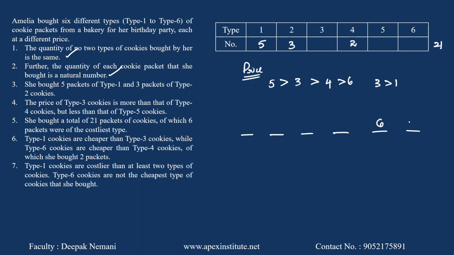Cannot be 1, cannot be 4, cannot be 3, cannot be 5, cannot be 6. So this is 2. So you can have 1 here or 4 here. So if 1 is here, 4 should be here, 1 should be here, 3, 3, 5, 5. So type 5 cookies are the costliest, whereas type 2 cookies are the cheapest.